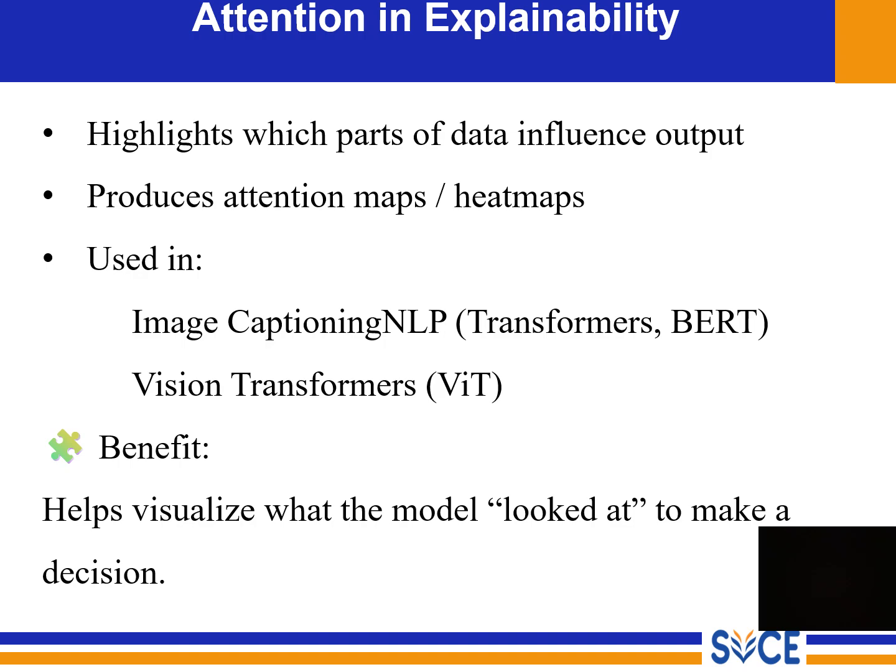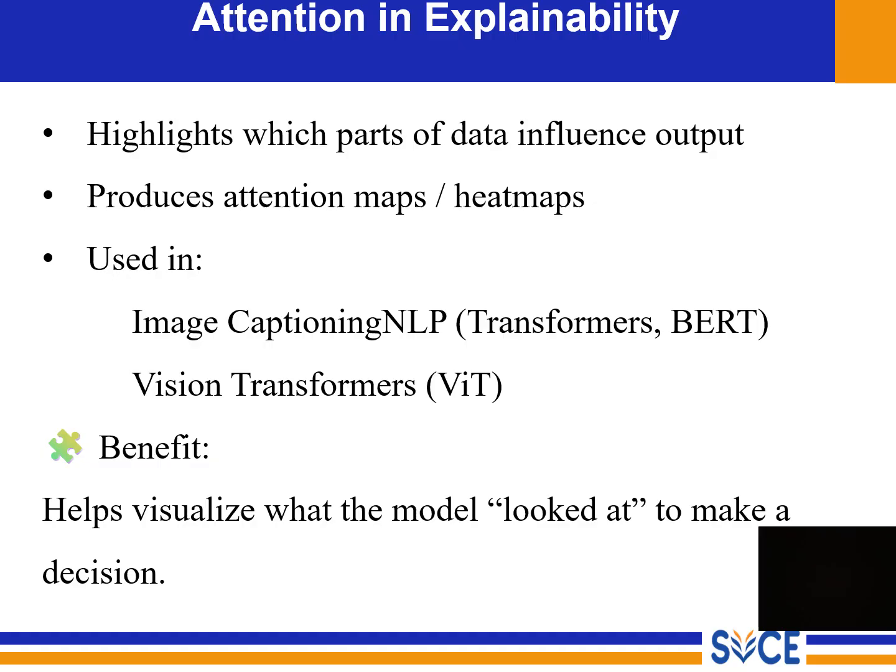For example, if an AI model says this is a dog and the heat map glows around the ears and the tail, we know the model's reasoning aligns with ours. If the red area is somewhere on the sky or grass, then we know something's wrong.